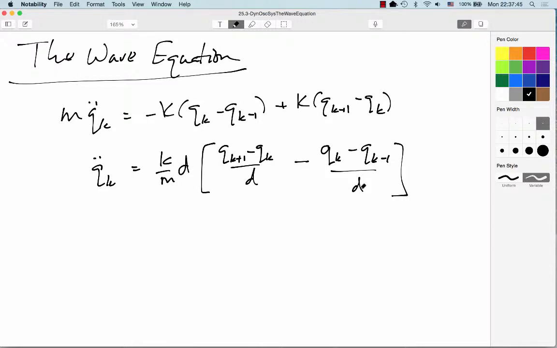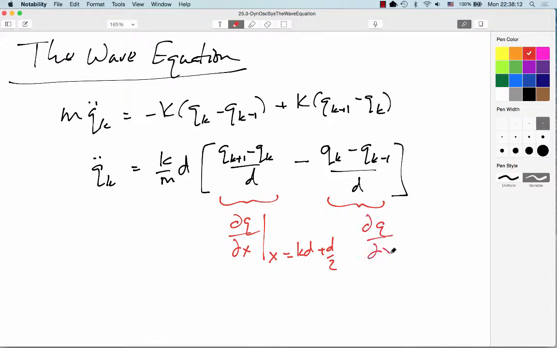Now, as we go to the limit of letting our particles go to infinity, that's the same kind of thing as letting this d approach 0. So I can interpret this term as partial q partial x, where we evaluate that at x equals kd plus d over 2. And by the same token, I can interpret that as partial q partial x, evaluated at x equals kd minus d over 2.